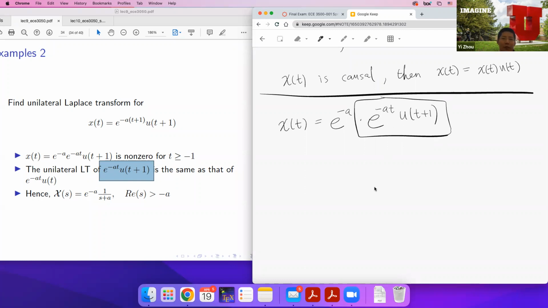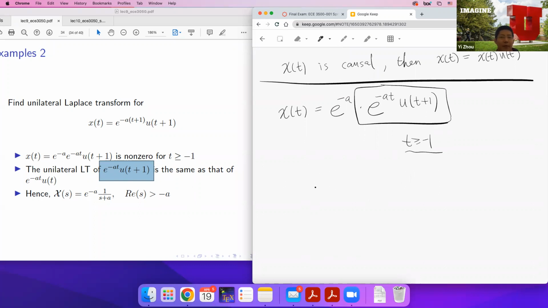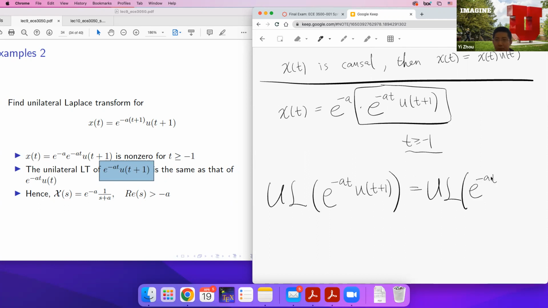And this signal starts from -1. And the key observation is that if we consider the unilateral Laplace transform of this signal, it equals the unilateral Laplace transform of u(t).